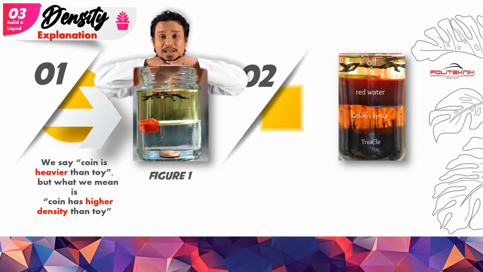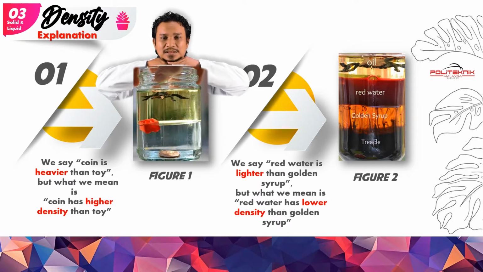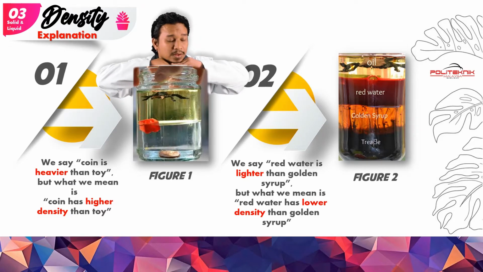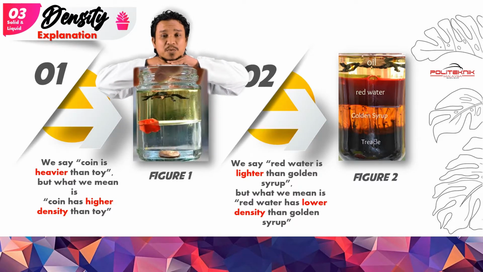If we were to say red water is lighter than golden syrup, but what we really mean, by using science sentence, is that according to the diagram on the figure, red water has lower density than golden syrup.